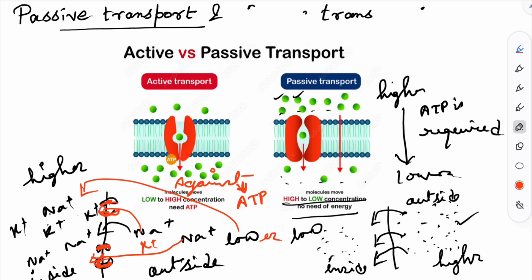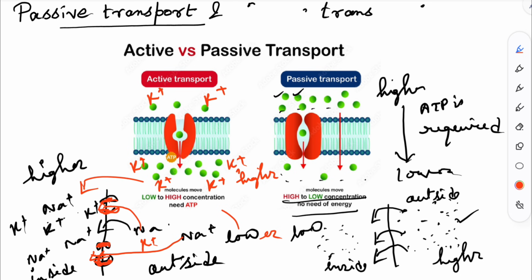In this image, suppose these are potassium ions, or zinc or manganese. The cell already has these potassium ions inside the cell. The concentration of potassium ions is already high inside, but outside the cell a low concentration of potassium ions is present.